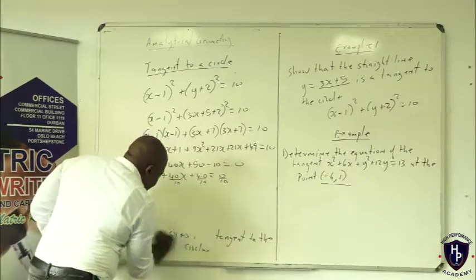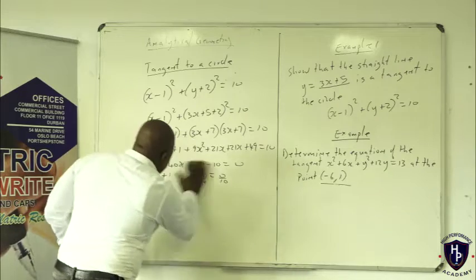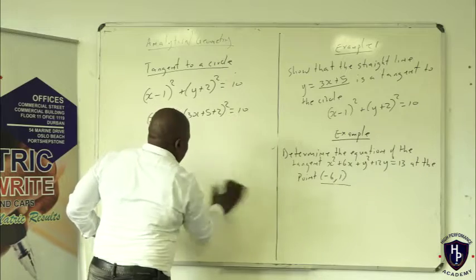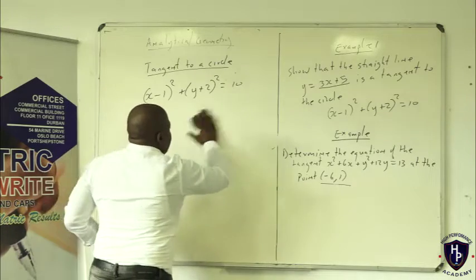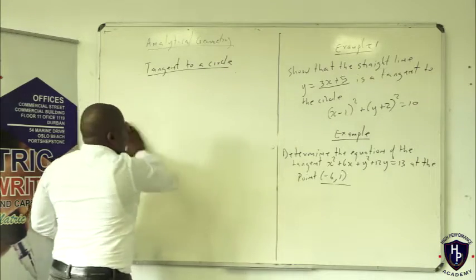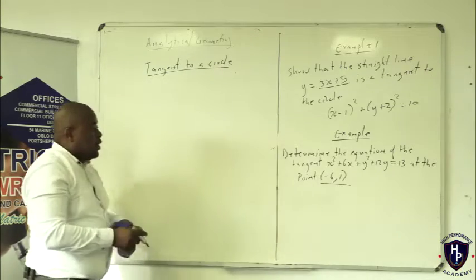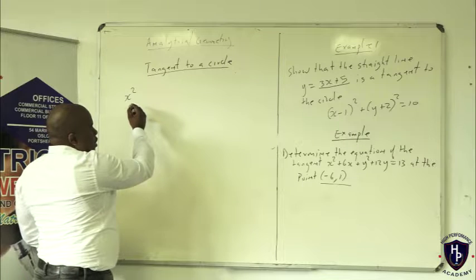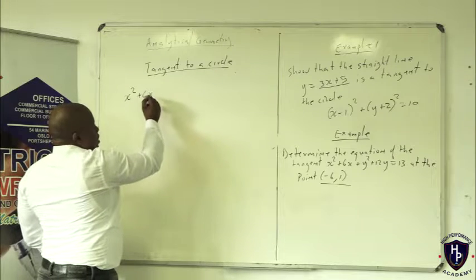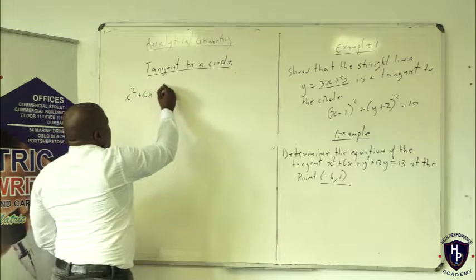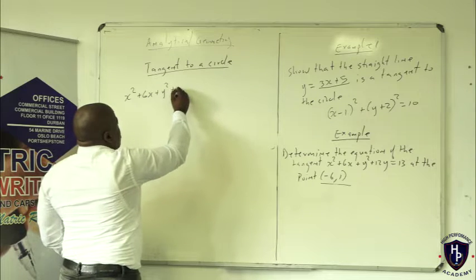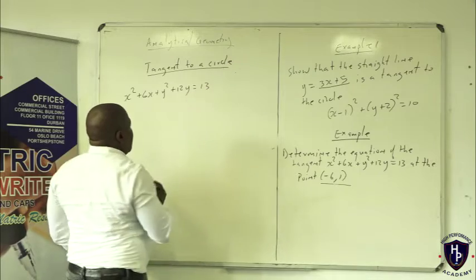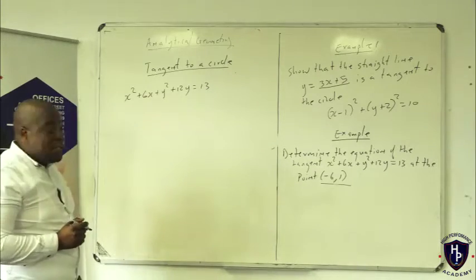Now, let's see. Look at the equation that is given: x squared plus 6x plus y squared plus 12y equal to 13. Now let's try to complete the square.